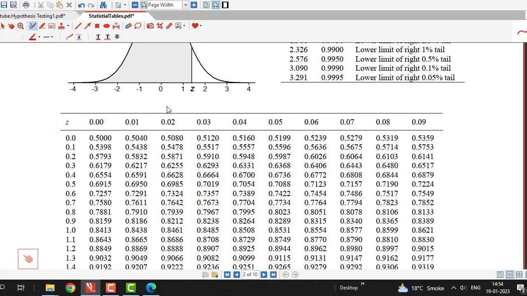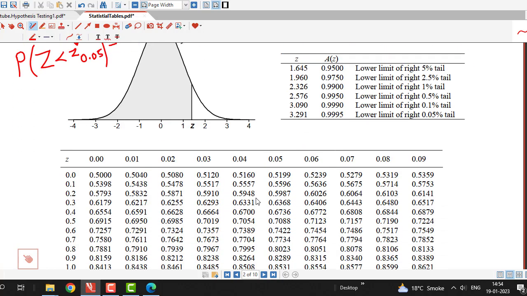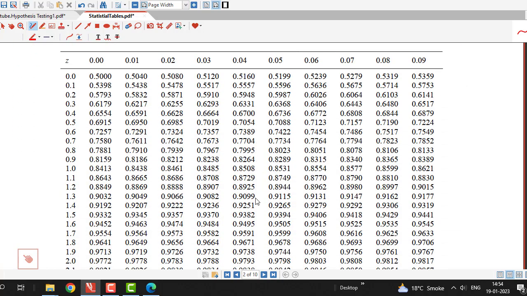In this table all these values are areas to the left of that particular value of Z, and we are interested in 0.95 area. So here I can see this is 0.9505 and this is also 0.9495. If we round off up to 2 decimal places, then these two are 0.95 up to 2 decimal places.